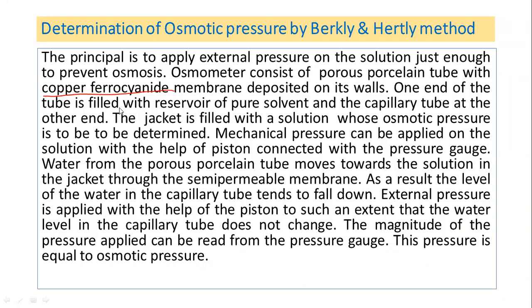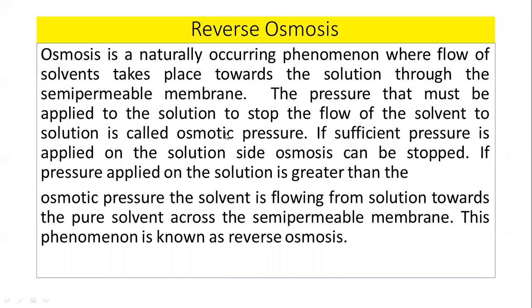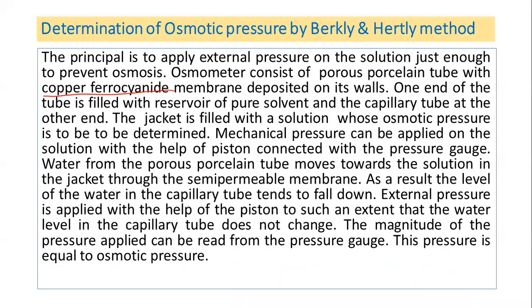Now the jacket is filled with a solution whose osmotic pressure is to be determined. In this jacket we have to fill the solution here, in which we want to determine the osmotic pressure.